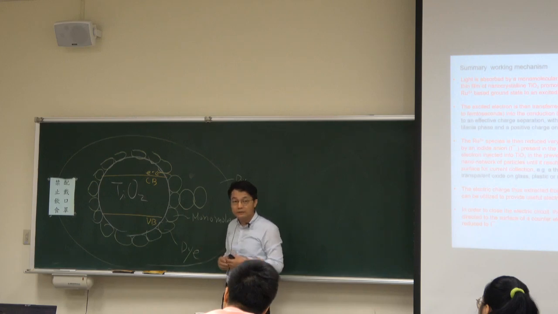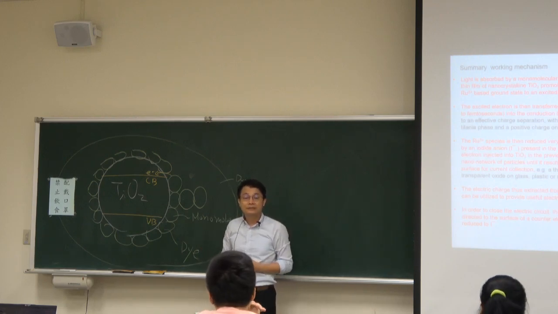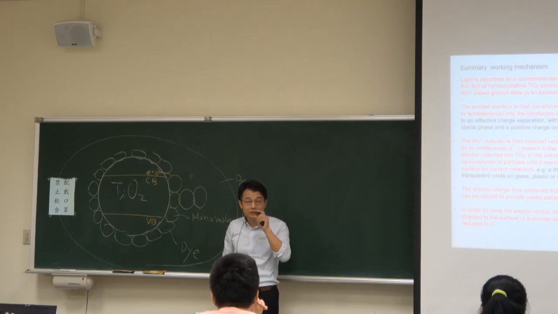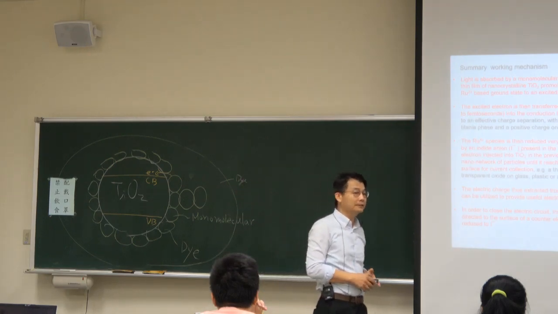So why do we need a monolayer? Because it emphasizes the monolayer, which means the multilayer would be bad, right? The multilayer will be a worse case compared to the monolayer.